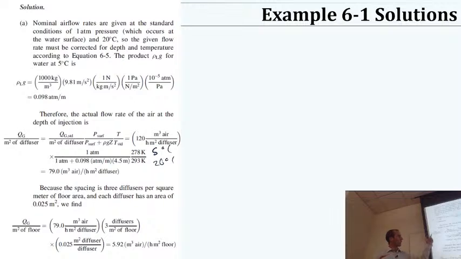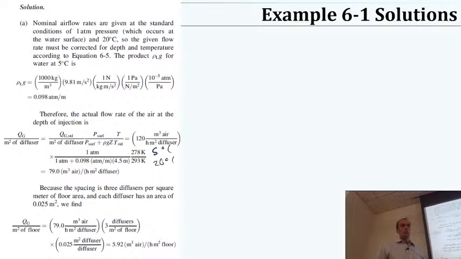Since we have 3 per square meter, we can then find the flow rate per square meter of floor space as that 79 times the 3 per surface area of diffuser is how we're ending that. So that gives us 5.92 cubic meters of air per hour per square meter of floor space.